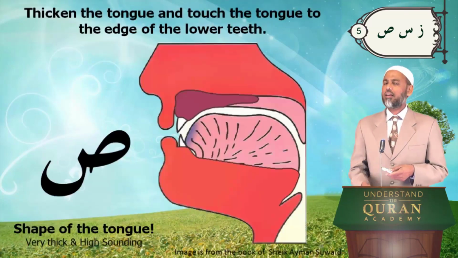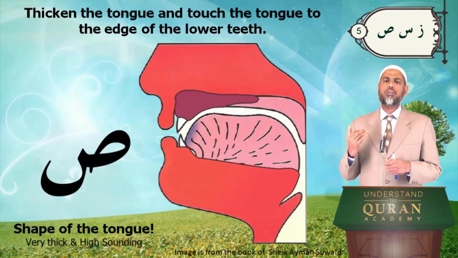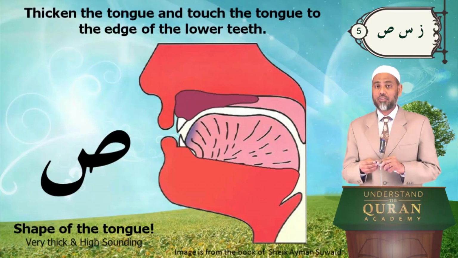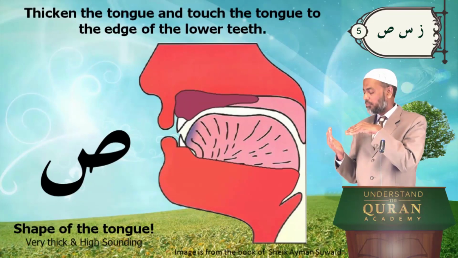So how do you say it? The same way. I told you in every lesson you learn the letters which represent the articulation, all of them coming from the same spot.